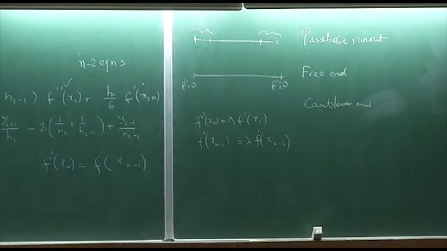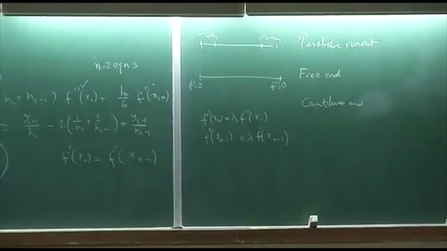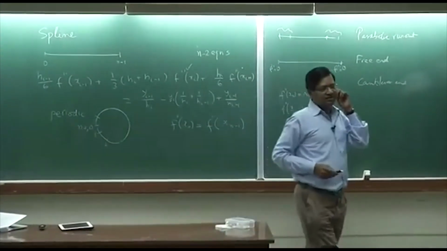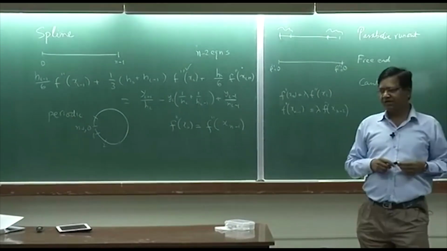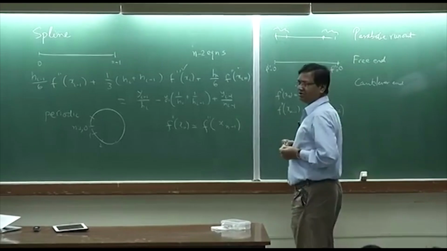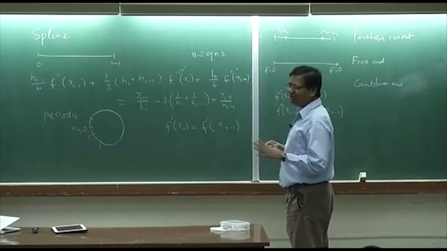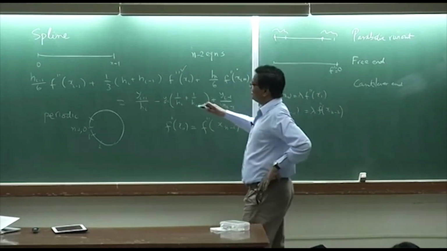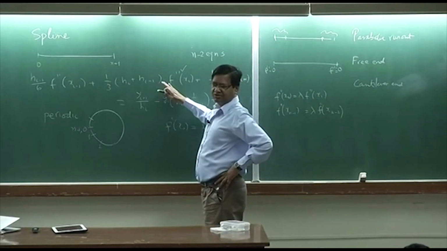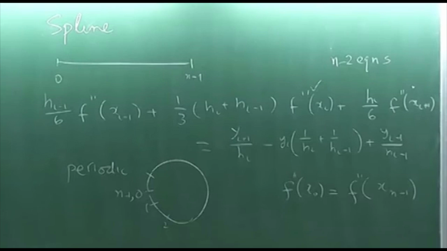For the periodic case, we need only 1 condition. Okay, and they are solved by solving the tridiagonal matrix, which we will cover in a later part of the course. For you right now, use 4 points and do the homework. With 4 points, you need only to solve 2 equations. Okay, so please do the homework.